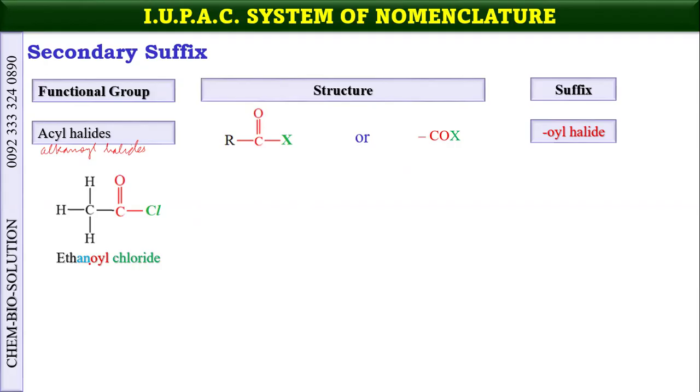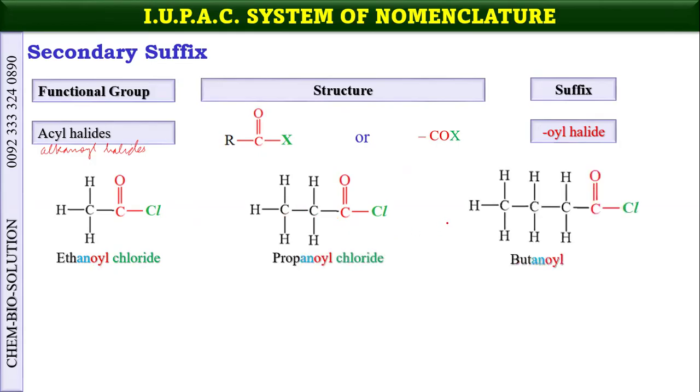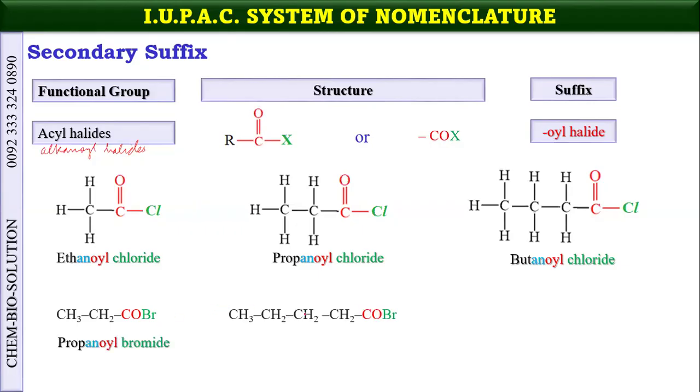Again, the vowel is there, so E has been removed. 1, 2, 3, propanoyl chloride, butanoyl chloride, 1, 2, 3, propanoyl bromide, 1, 2, 3, 4, 5, pentanoyl bromide.